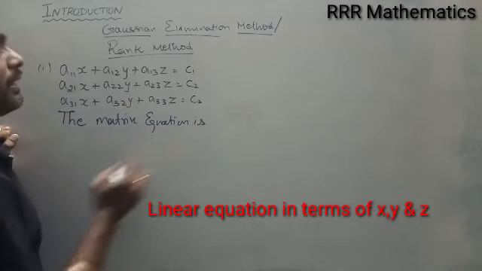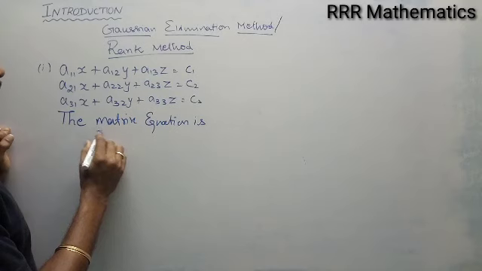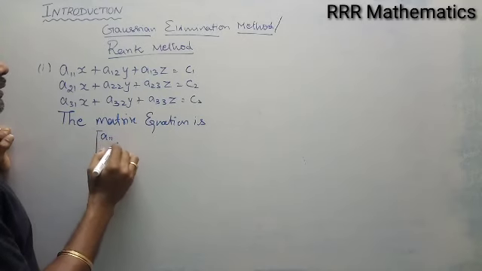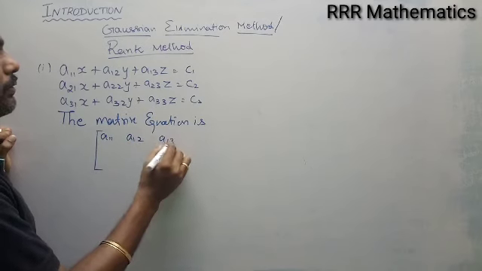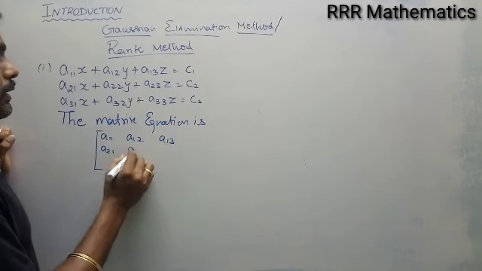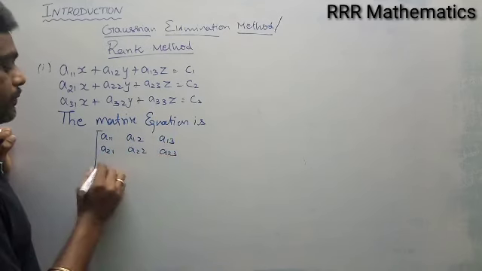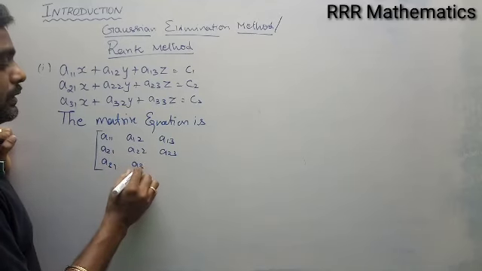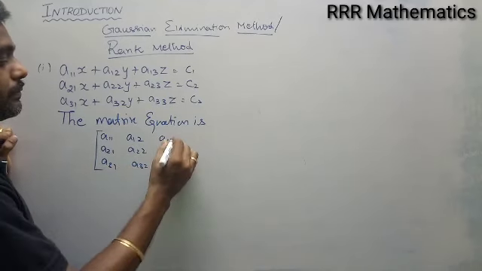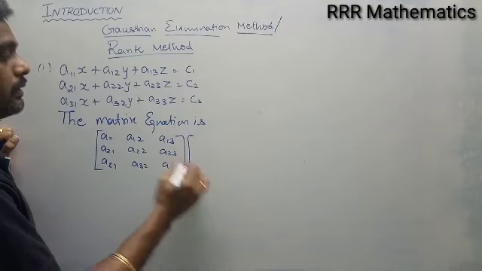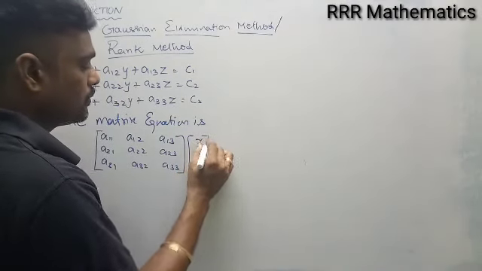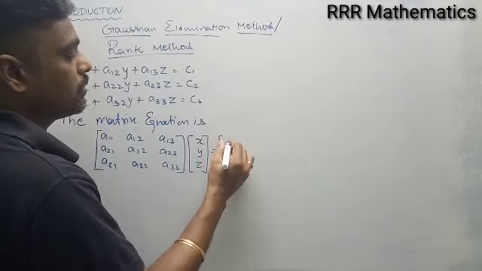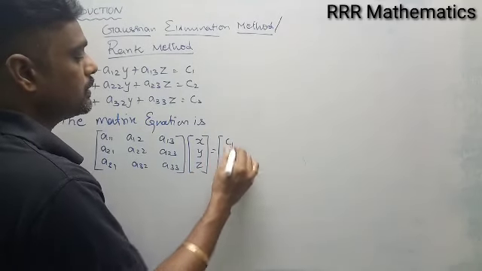Very first step, for the linear equation in x, y, z, first write the matrix equation. Write the coefficients of x, y, z in order: a11, a12, a13, a21, a22, a23, a31, a32, a33, with the variables x, y, z, which is equal to the constants c1, c2, c3.